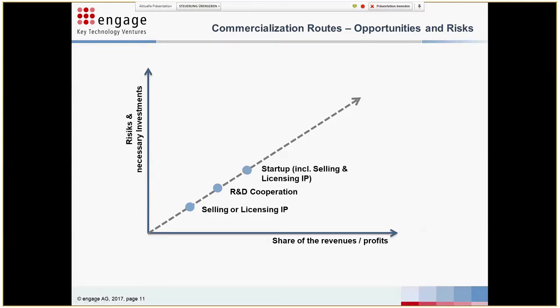Then the next thing on the ladder would be to create your own startup, where you do a lot more of the tasks needed to sell and to develop a product. This increases your risk quite a lot. A lot of startups actually fail or close down with at least zero profits, if not significant losses.